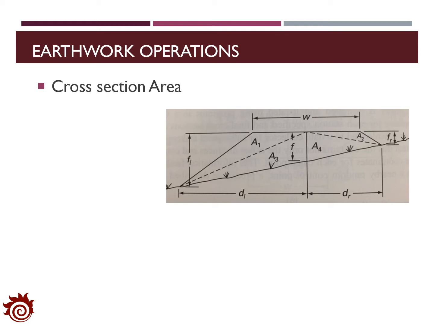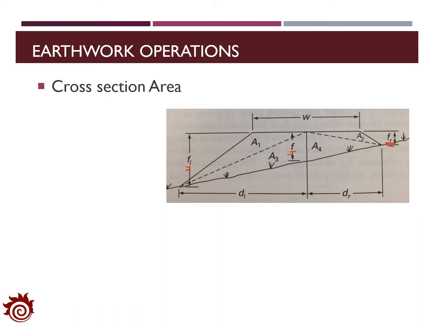The figure here shows one example of the cross-section with a sloping natural ground. We need to identify the thickness at the initial point, the thickness at the middle point, and also at the end point.